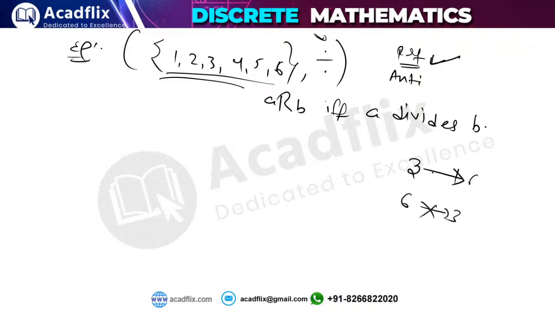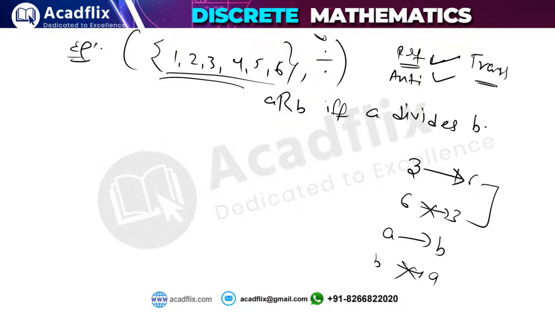So if you have two different elements, these both things cannot happen together, meaning between different elements there cannot be any symmetry. Basically, if A is dividing B, and both are different, then B cannot divide A. So this is why it is anti-symmetric also.